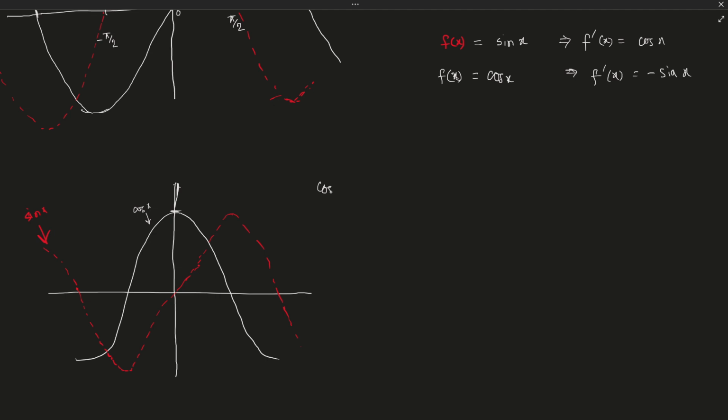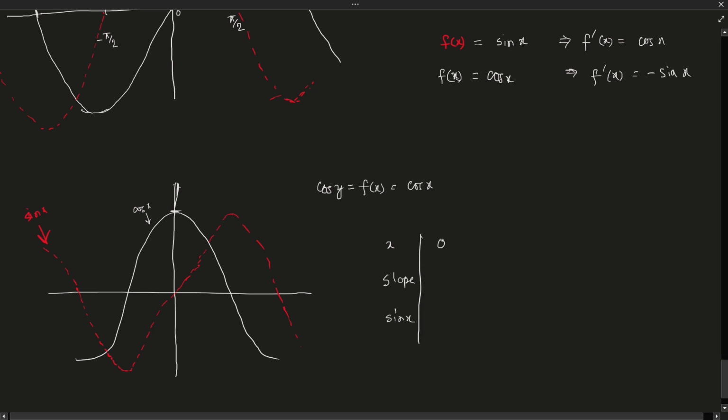So cos x is equal to f of x. For x we will count the slope, as well as sin x.